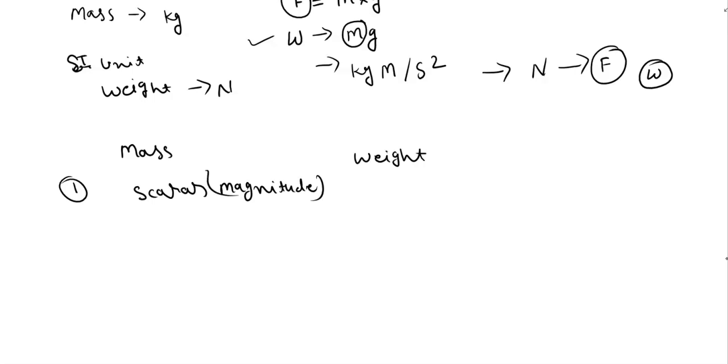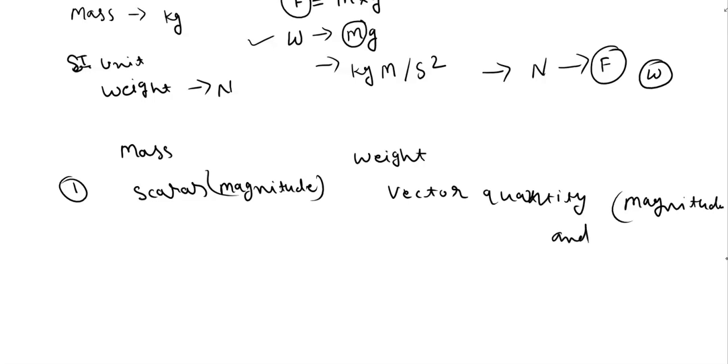So it is a scalar quantity. Weight is a vector quantity. It has both magnitude and direction. So it is the vector quantity, right?